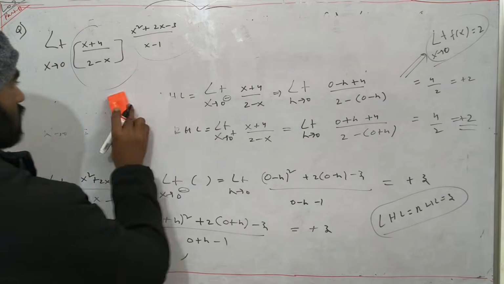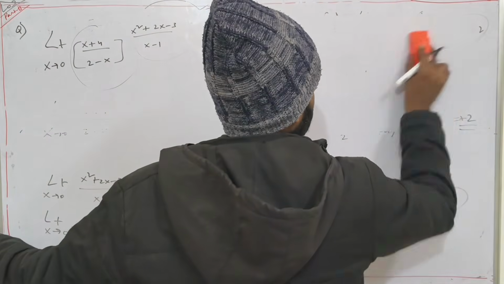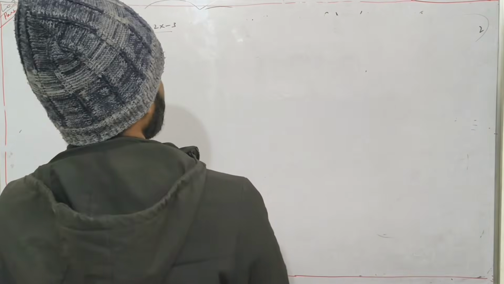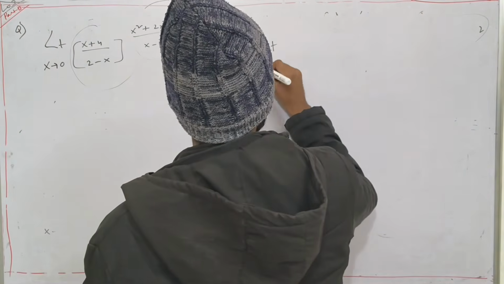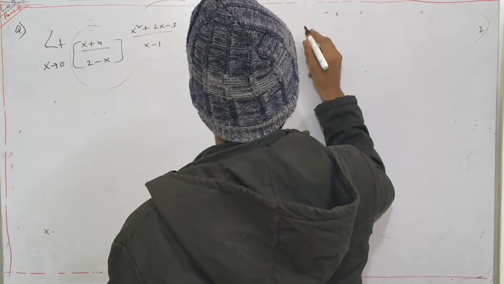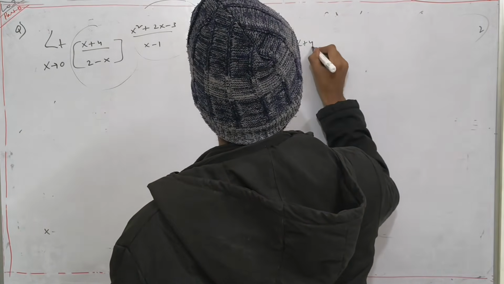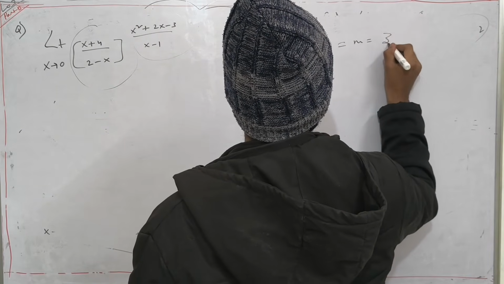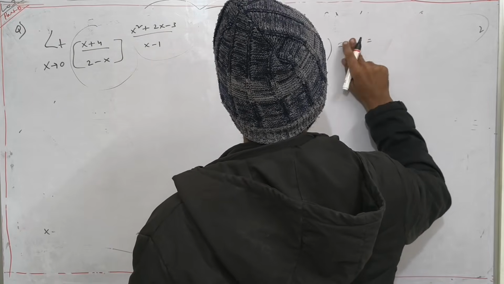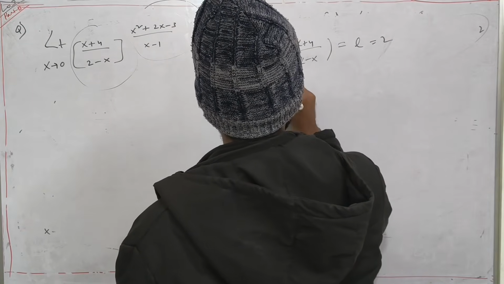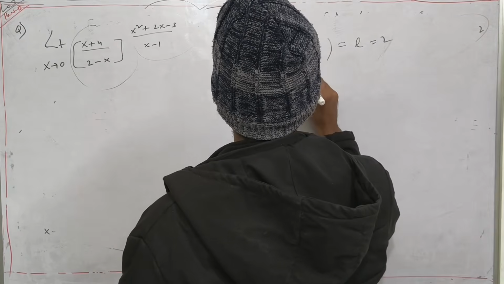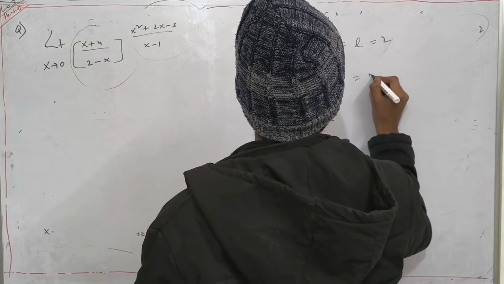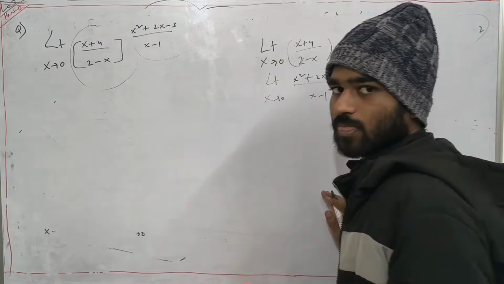Now what we got: limit x tends to 0 of (x plus 4) by (2 minus x) equals L equals 2. Similarly, limit x tends to 0 of (x square plus 2x minus 3) by (x minus 1) equals M equals 3.